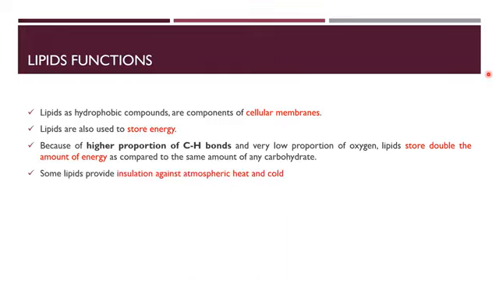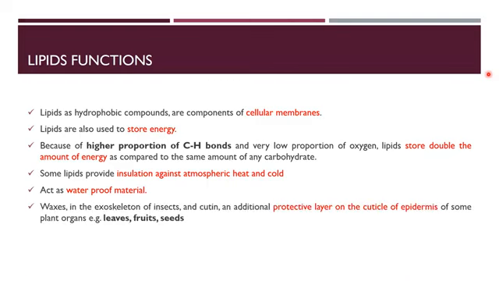Okay, so lipids provide insulation against atmospheric heat and cold because they are impermeable. Water cannot be absorbed into lipids. So if something is covered with lipid, heat, cold, or water cannot easily diffuse out from there. So it's a waterproof material, and it serves as a protective layer on the cuticle of the epidermis of some plant organs like leaves, fruits and seeds.